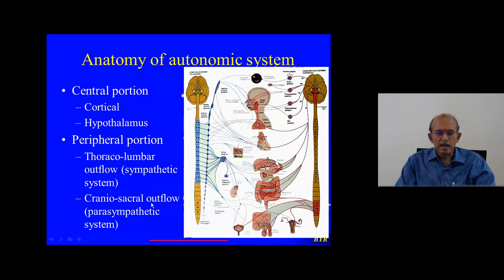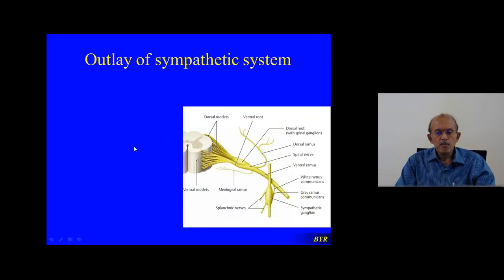Then craniosacral outflow, through the 5 or 6 cranial nerves and sacral nerves S2, 3, 4, the parasympathetic system comes out. So this is called the craniosacral outflow or the parasympathetic system.